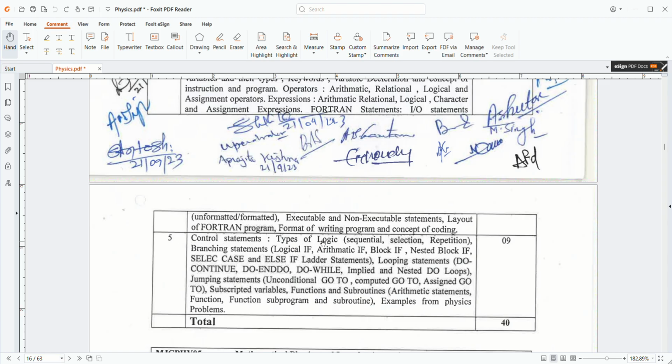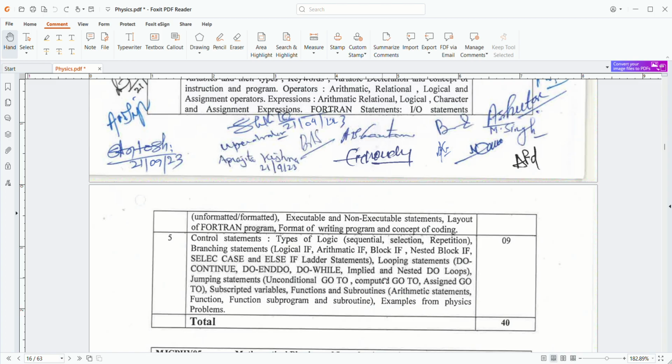Control statements, types of logic: sequential, selection, repetition. Branching statements: logical IF, arithmetic IF, block IF, nested block IF, SELECT CASE, and ELSE IF ladder statement. Looping statements: DO, CONTINUE, DO WHILE, implied and nested DO loops.